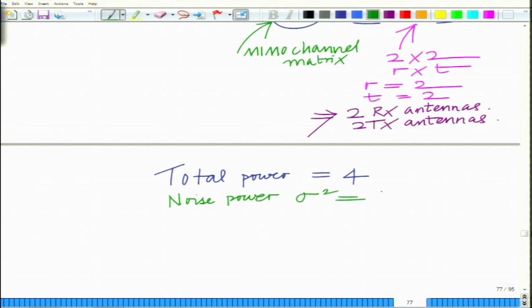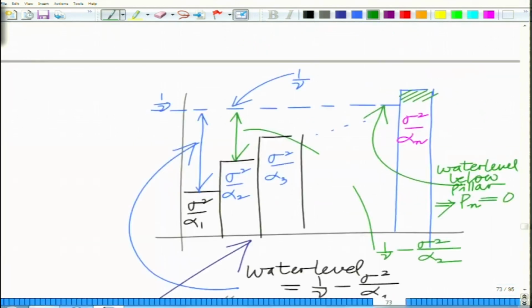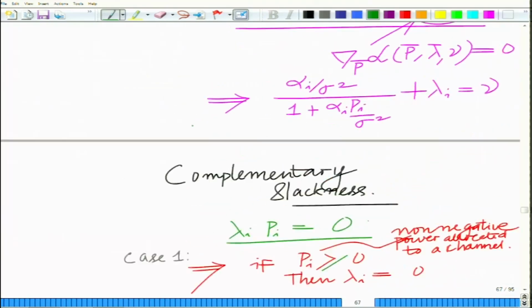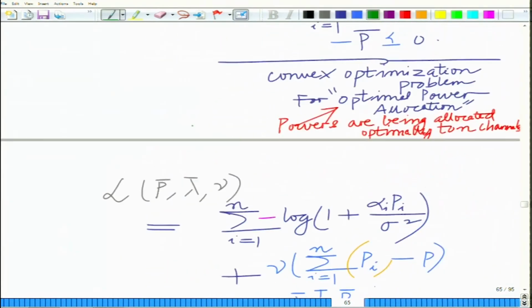Sigma square equals, let us say, 3 dB, 3 decibels, which means sigma square equals 2. Okay. And remember, we have seen optimal power allocation. This starts with the singular value decomposition.